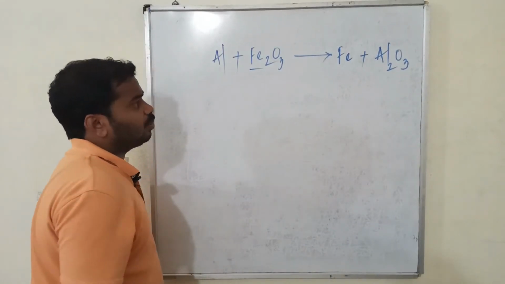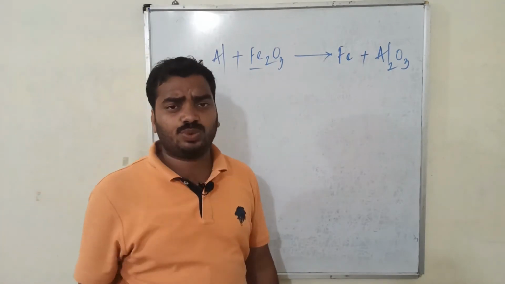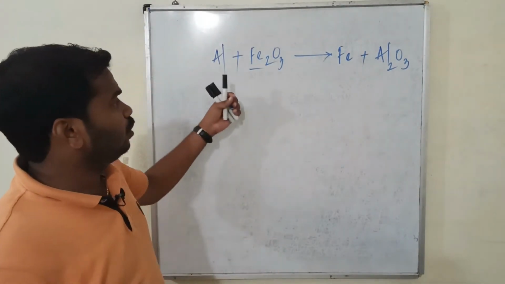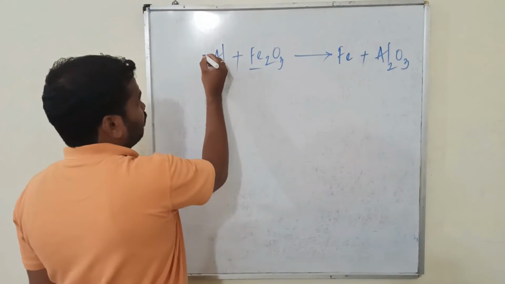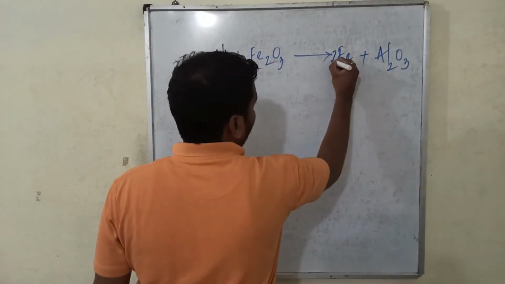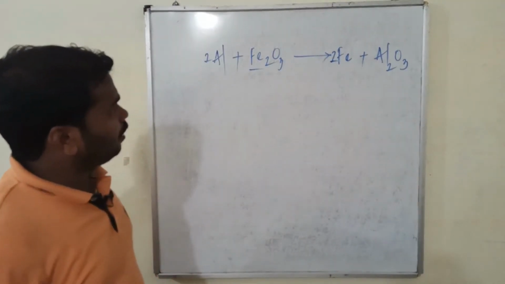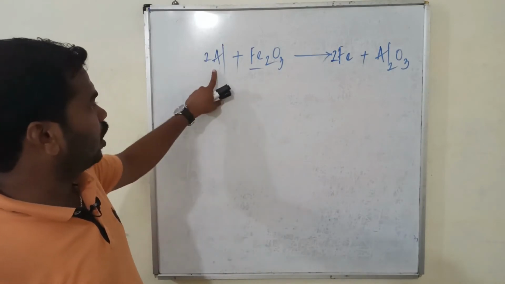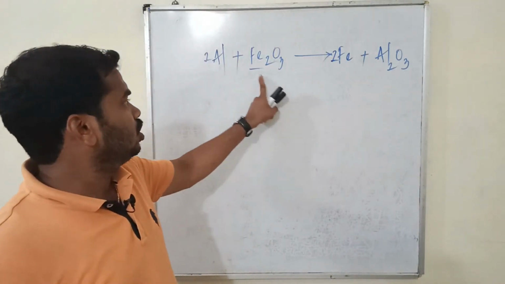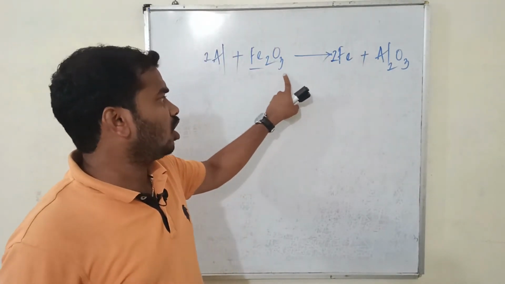Is it a balanced equation? It's a skeleton equation which we have got, and we shall balance it. It's very simple. If I put 2 over here, it will be a balanced equation: 2 aluminiums on this side, 2 aluminiums, 2 iron, 3 oxygens.